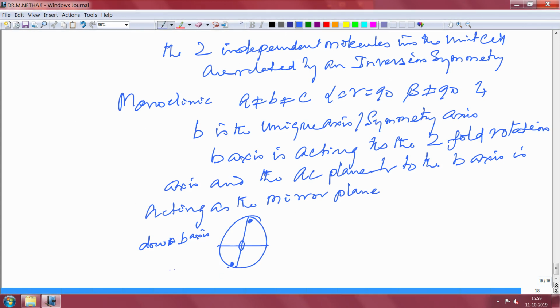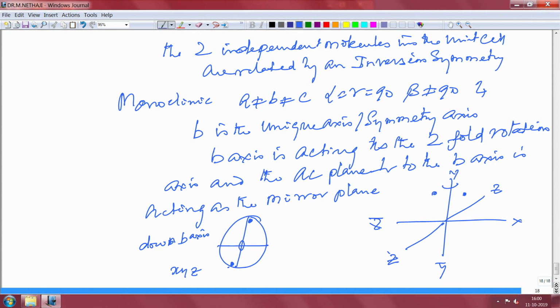Let us see in the Eulerian geometry. This is my x, y, z.